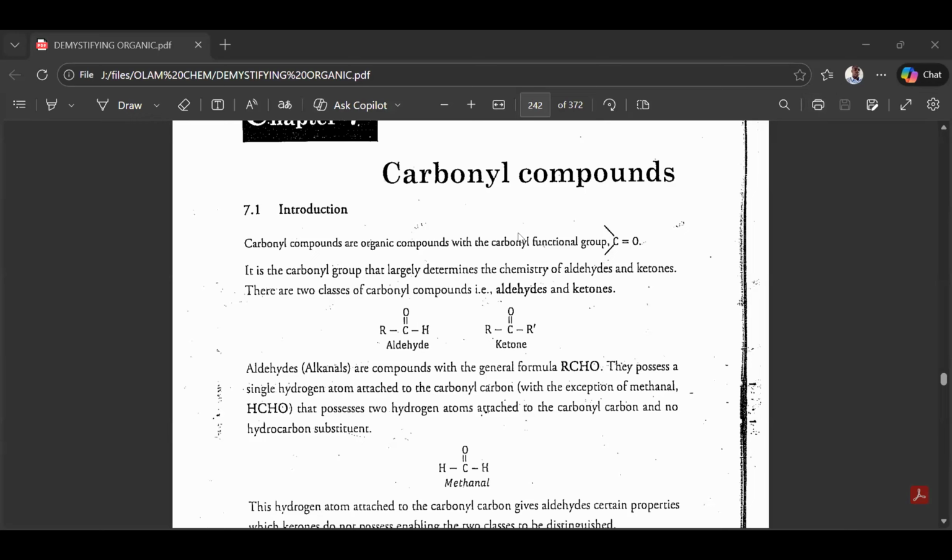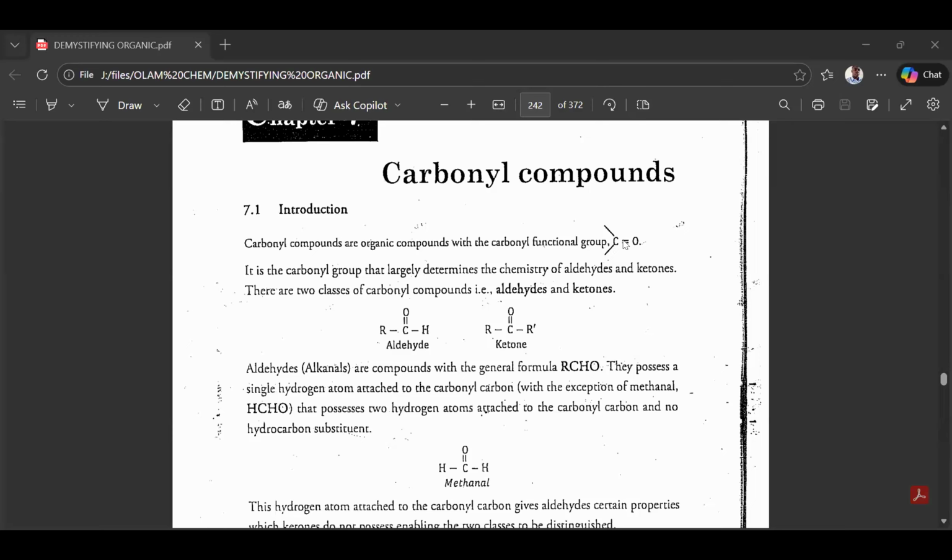How does a carbonyl group look like this one, the way you see this carbon here, as we have put it here, because we have said carbonyl compounds are organic compounds with a carbonyl functional group. So it's a carbon and a double bond attached to oxygen. That carbonyl group is the functional group for all carbonyl compounds.